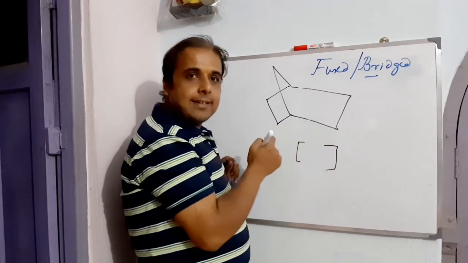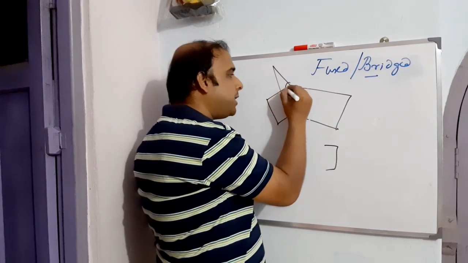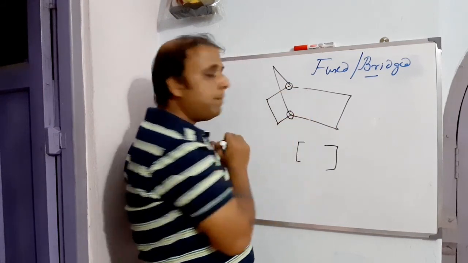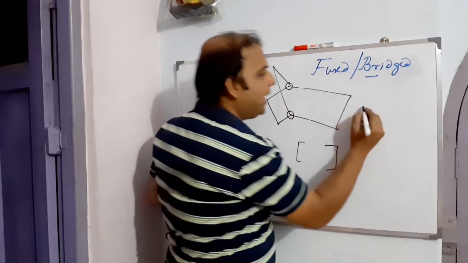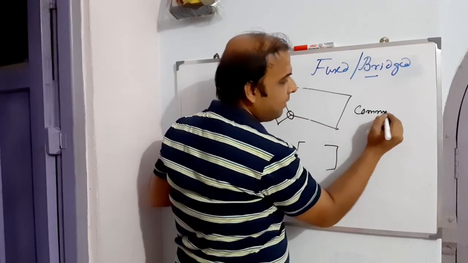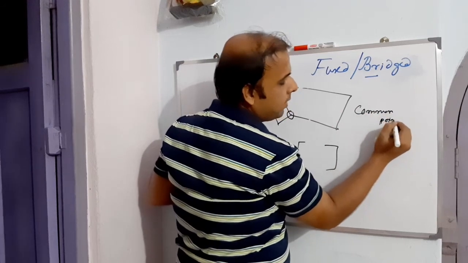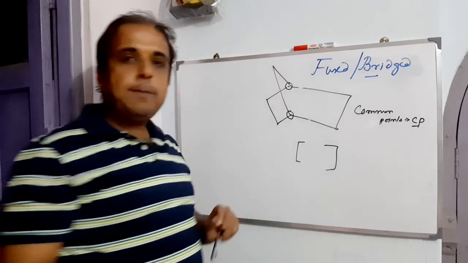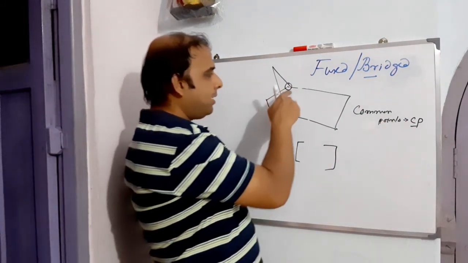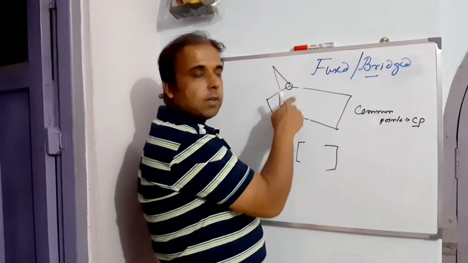As it is a bicyclic system, these two are the bridgeheads, or we can say the common points. So let us call them common points, abbreviated CP. So here the common points are 2.